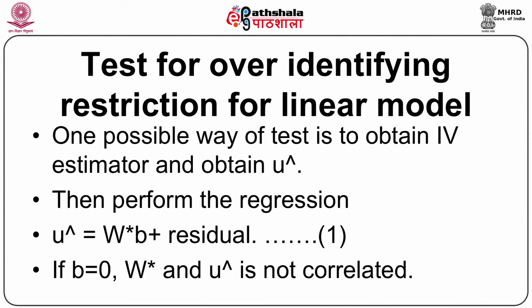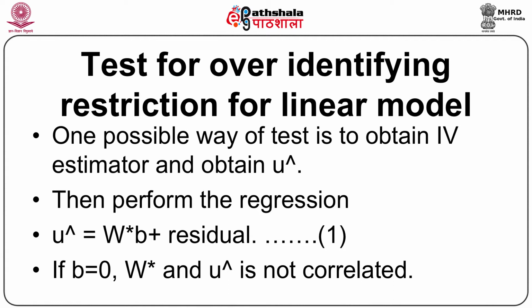One possible way to test is to obtain the instrumental variable estimator and obtain U hat. Then perform the regression U hat equals W star times b plus residual. If b equals 0, W star and U hat are not correlated. That is, in the first step, we use the instrumental variable estimator, and from that we obtain the values of U hat.